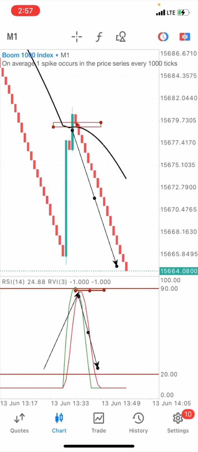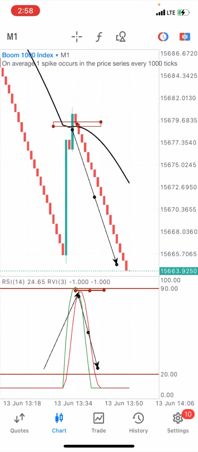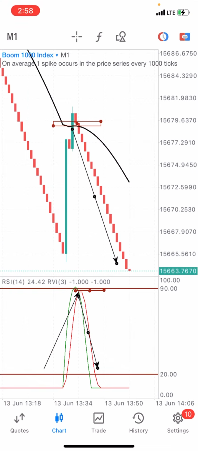If you are trading the Crash 1000 market using the same strategy, you have to do the opposite of everything I explained here, right? When you go to a higher time frame, you ensure to see price at your key support region. Support region is that region where price would reverse and go back upwards.